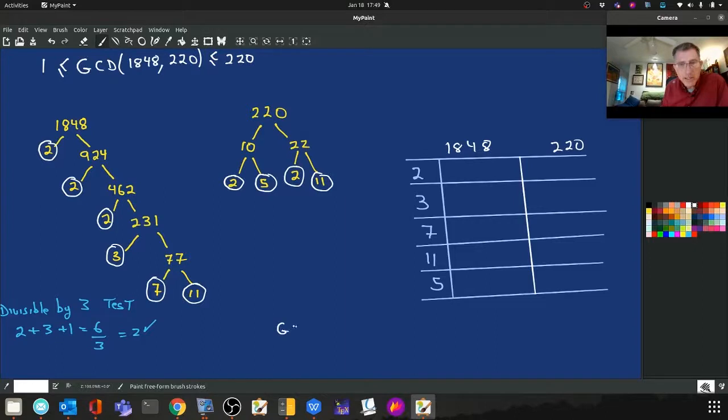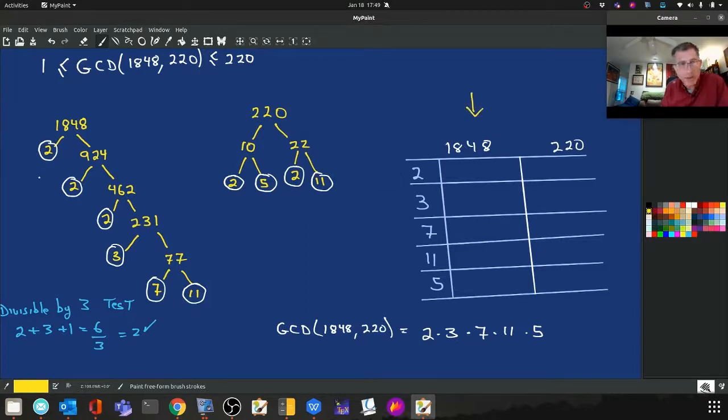The GCD of 1848 and 220 is going to be equal to 2 raised to some power times 3 raised to some power times 7 raised to some power times 11 raised to some power times 5 raised to some power, keeping in mind that a power may be 0. And remember, if it is 0, then really the factor just drops out because any number raised to the 0th is 1. So let's fill in our table.